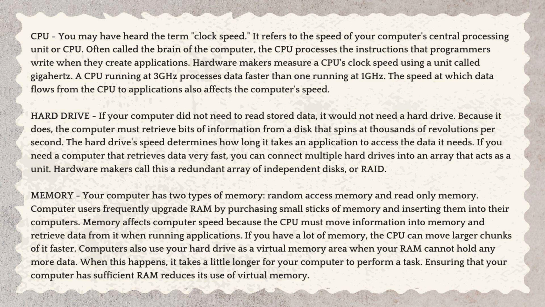If you have a lot of memory, the CPU can move larger chunks of it faster. Computers also use your hard drive as a virtual memory area when your RAM cannot hold any more data. When this happens, it takes a little longer for your computer to perform a task. Ensuring that your computer has sufficient RAM reduces its use of virtual memory.